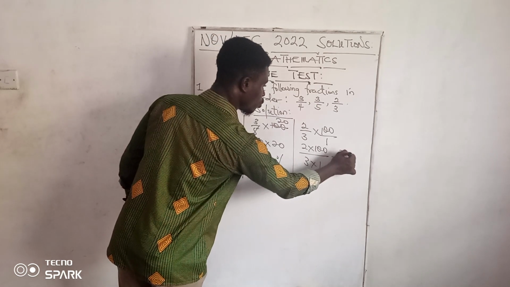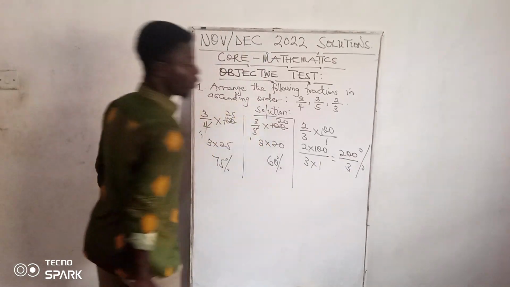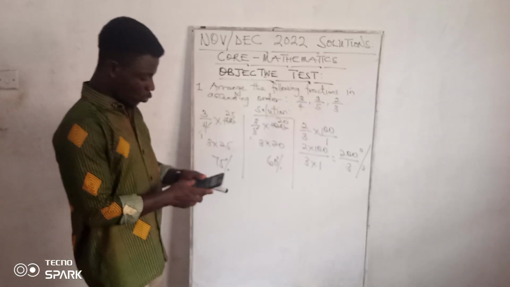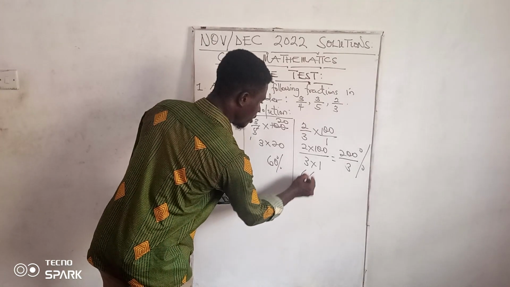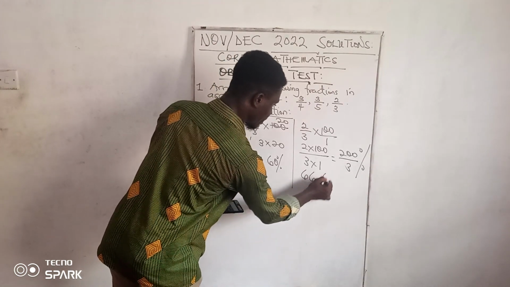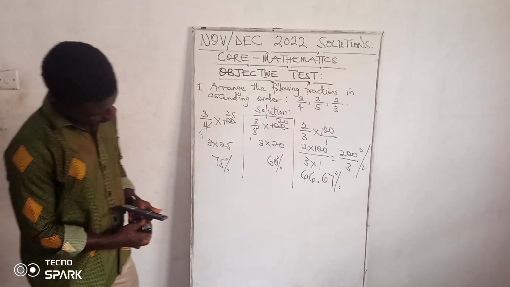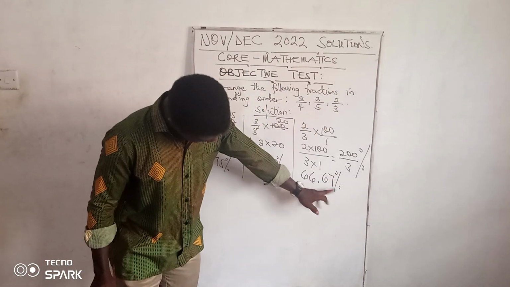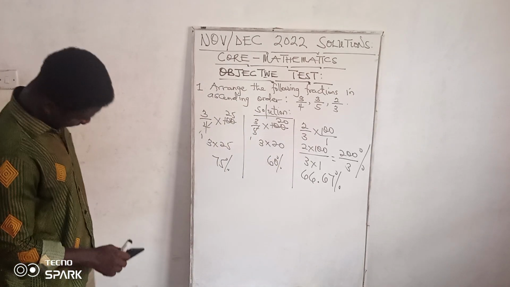So I get 200 divided by 3. That must be in percent. So 200 divided by 3, I get 66.6, let's say 67%. I've rounded that to 2 decimal places. So 66.6%, 67%.